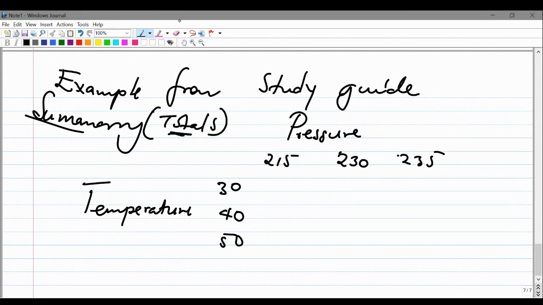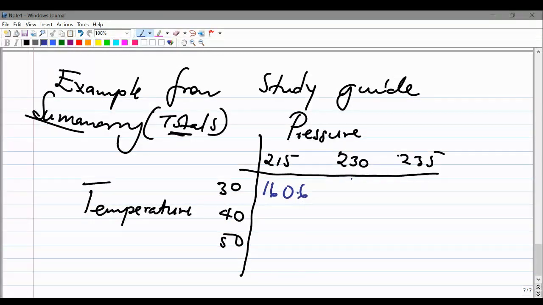So give me the totals of each cell. 160. 160.6. 161.3. 160.6. 160.4.